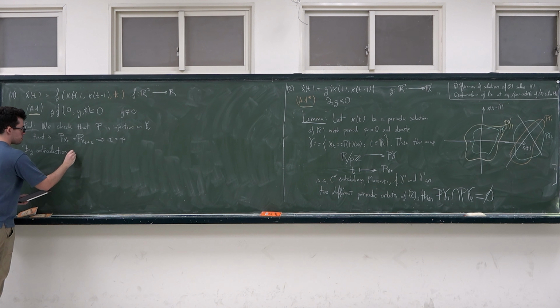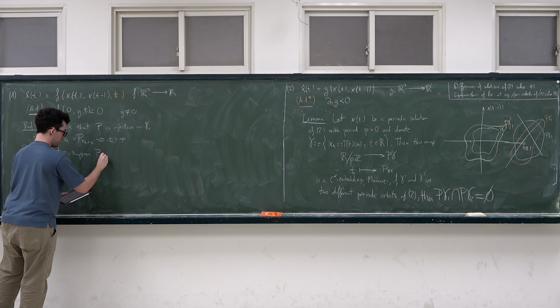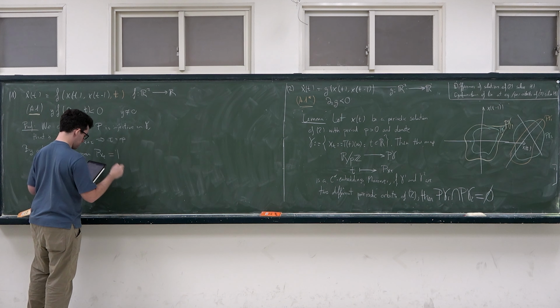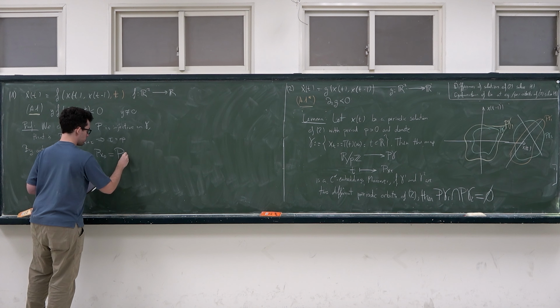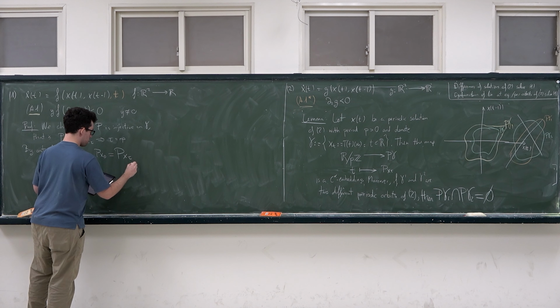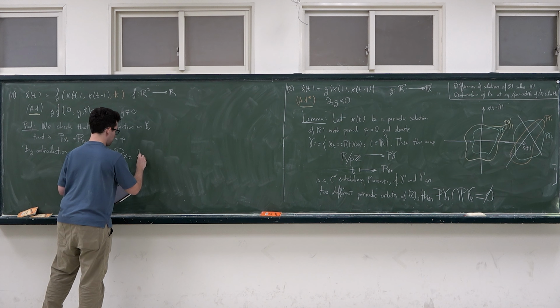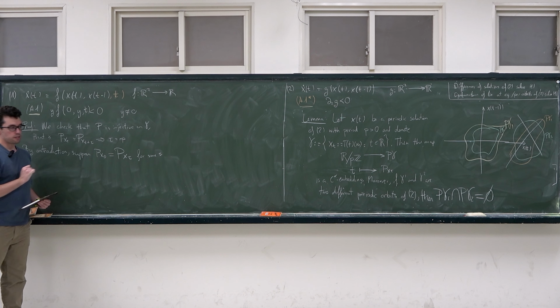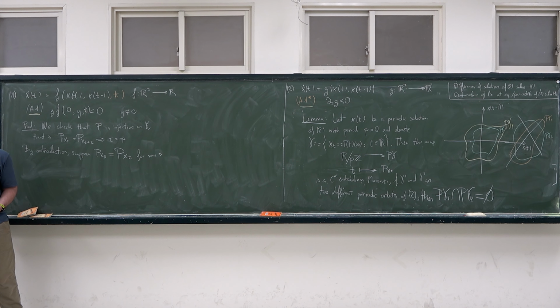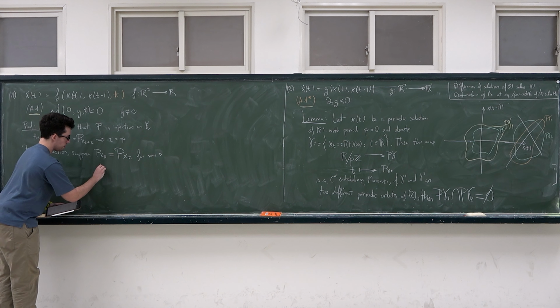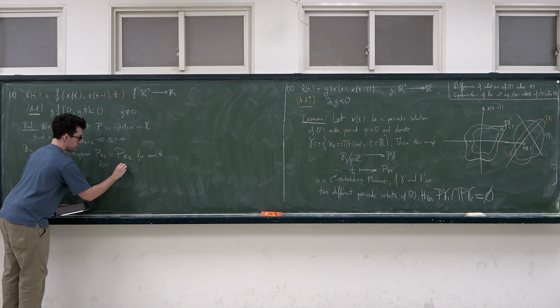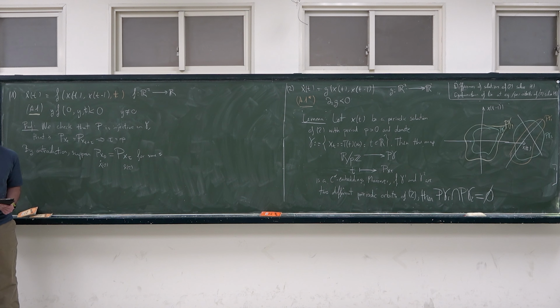So by contradiction, suppose that P of x_0, I want to match it with the notes, equals P of x sub tau for some tau. Notice that if the projections are the same, this tells me something about the derivative, about x dot of 0 and x dot of tau, right?